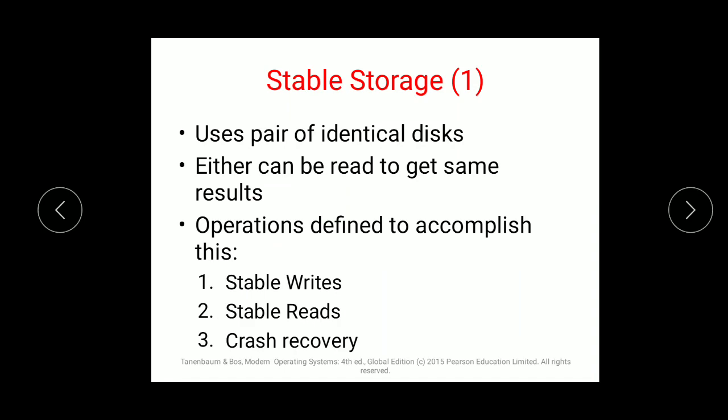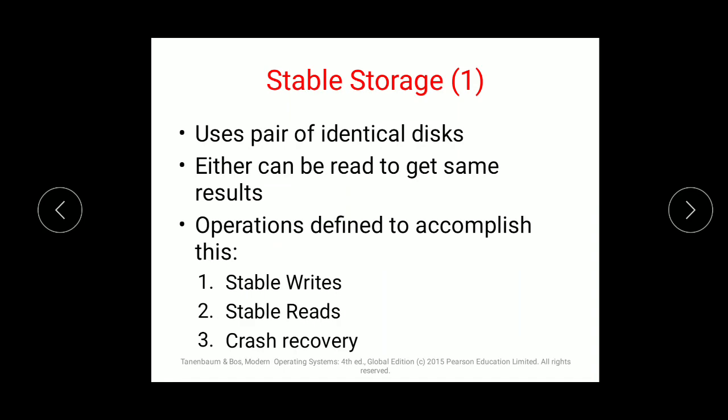Stable storage ensures that either the write will be done or the original data will remain intact. For many applications, data is very important and it should be protected against any types of errors. So to protect the data, stable storage makes use of a pair of identical disks.